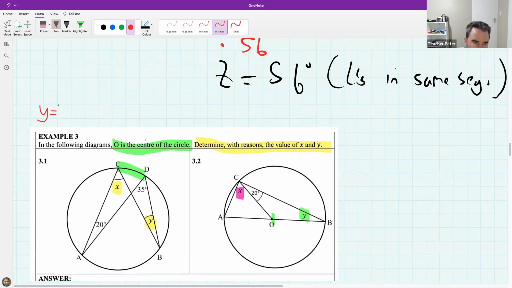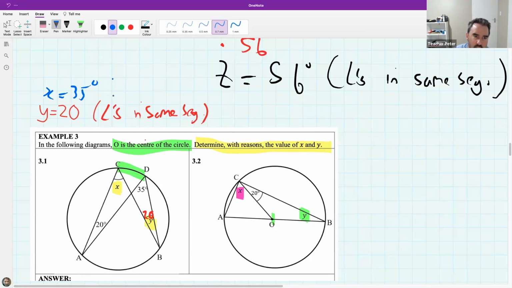I think y should be 20. So if that's 20, actually, this first one is quite easy. X is 35. Second one's a bit harder.